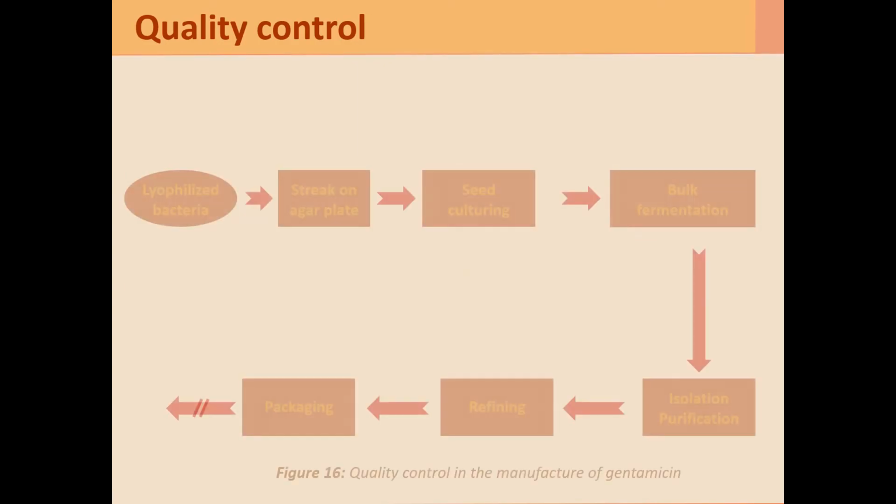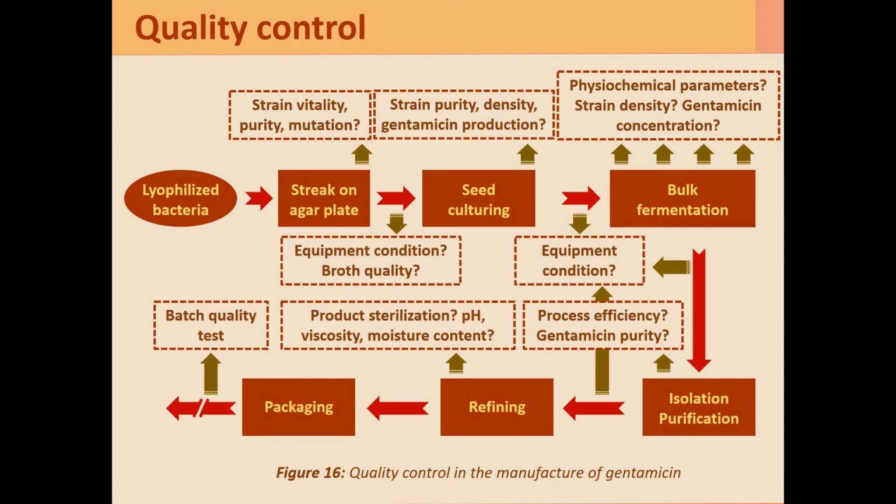The entire manufacturing process was quality controlled, from lyophilized bacterial sample to post-packaging process, as shown in Figure 16. Many factors regarding strain, equipment, fermentation broth, or other parameters must be satisfied before moving to the next step.